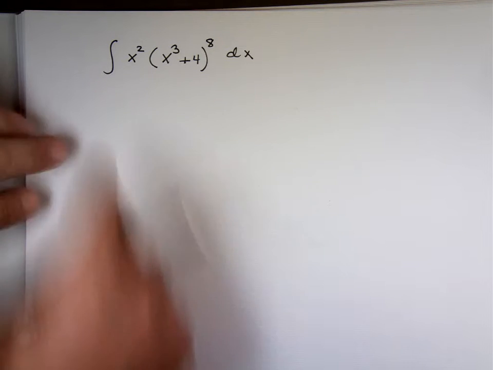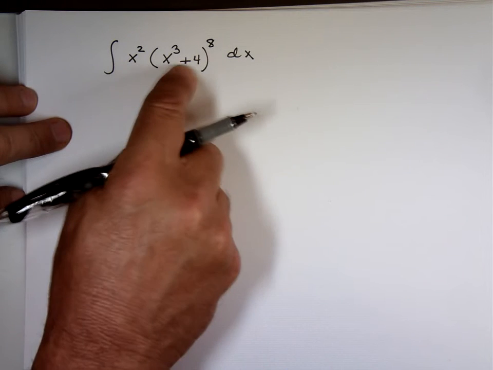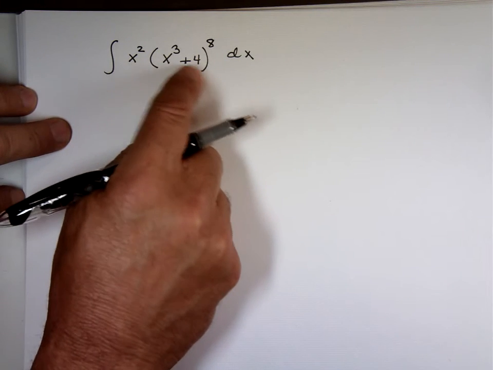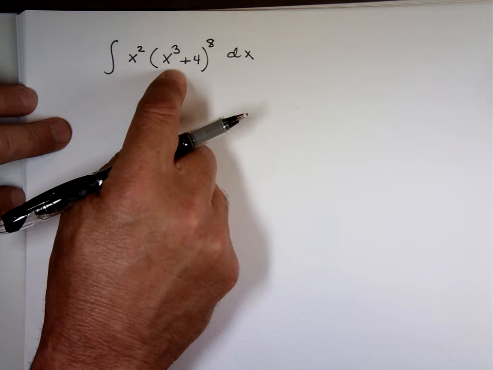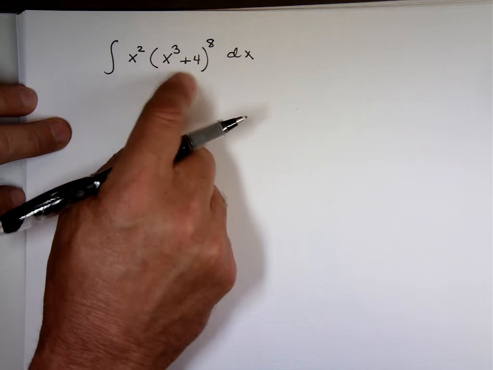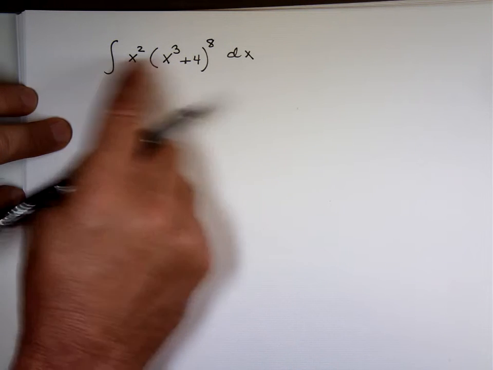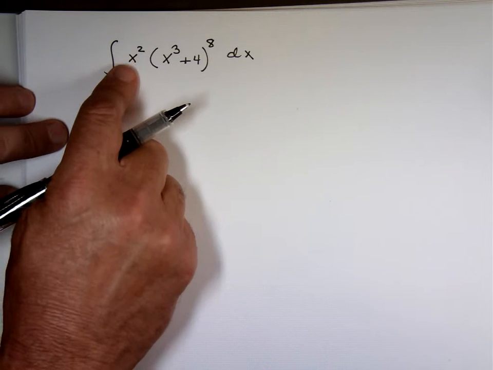In case you're wondering what I'm thinking about: I'm looking at this, x cubed plus 4. What is the derivative of that? What's the derivative of x cubed plus 4? 3x squared. I got the x squared. You see that x squared? So maybe that's going to be part of the derivative.